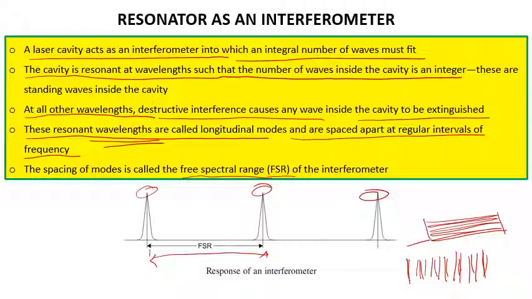This spacing is called the free spectral range. This FSR depends on the wavelength, the intervals and so on.